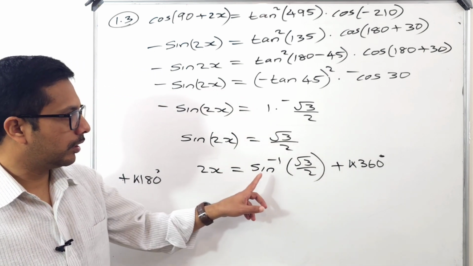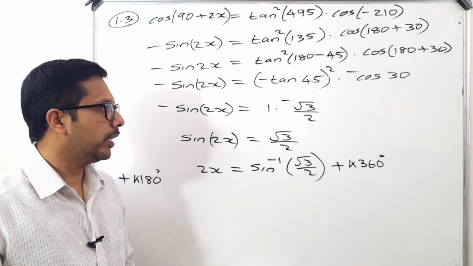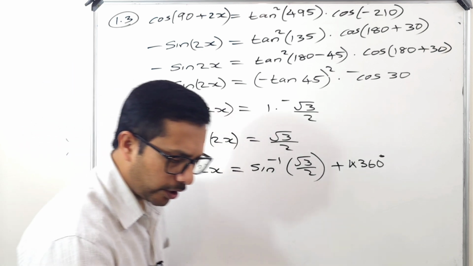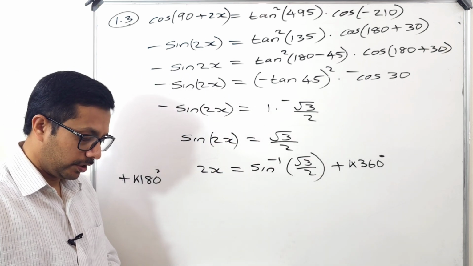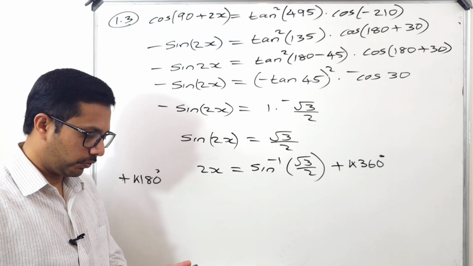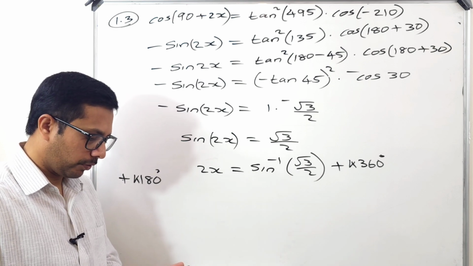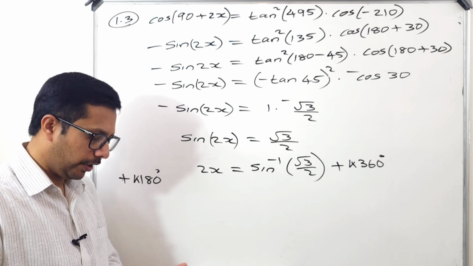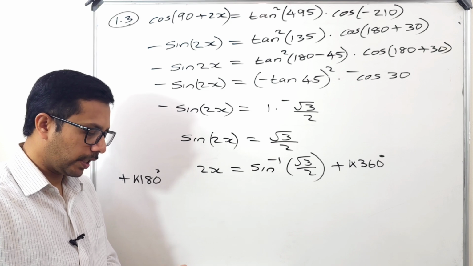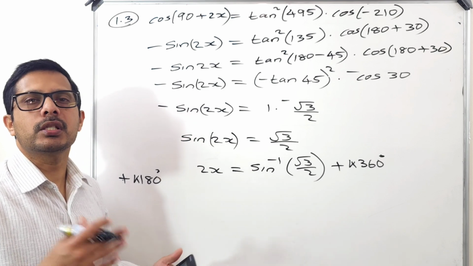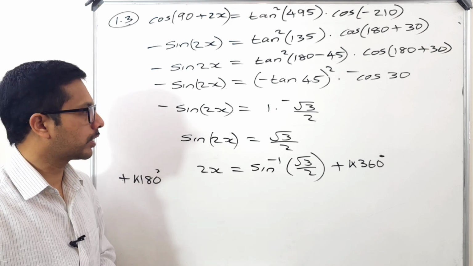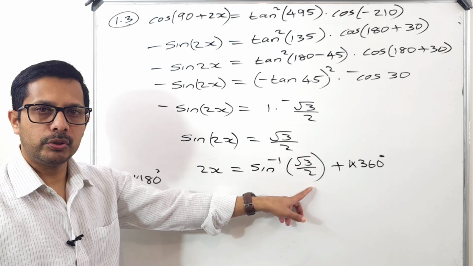So 2x is equal to sine inverse of square root of 3 by 2. So check in your calculator, what is sine inverse of square root of 3 by 2? Sine inverse, shift function, shift sine, then square root of 3 divided by 2. So what is the answer in your calculator? 60. Or you have to know that sine 60 is square root of 3 by 2. So sine inverse of square root of 3 by 2 is 60.